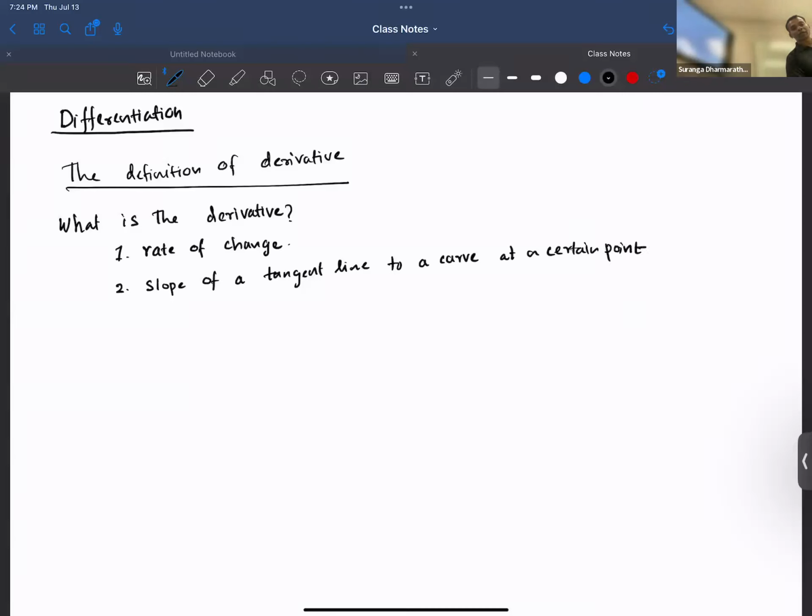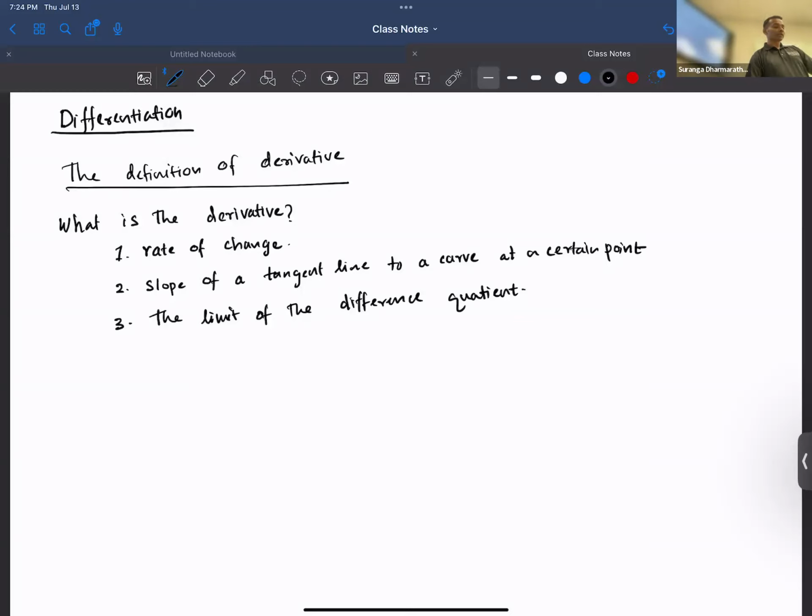Right. And then more formally, it's known as the limit of the difference quotient. Right. So that's why we learned limits before we start talking about derivatives.